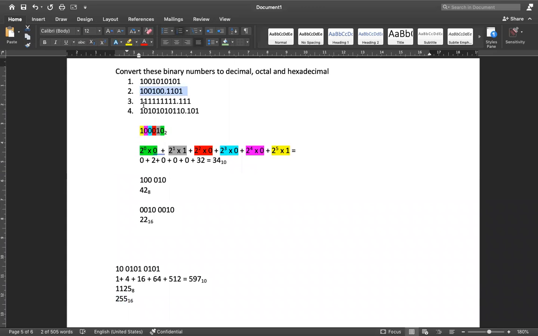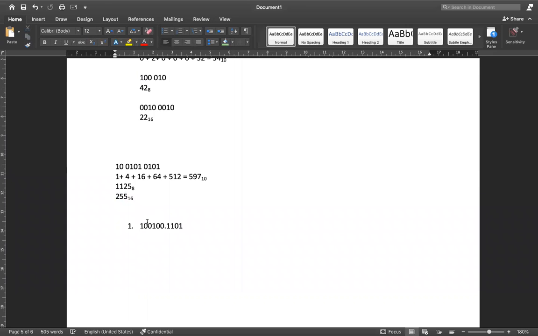Okay. Next one. Let's do quickly. So here you have, similar to that, no ones, no twos. 4 you have 1. 8 no. 16 no. 32 1. So 4 plus no 8, no 16, 32, 36 point. Here you have 0.5 and 0.25 is 0.75.